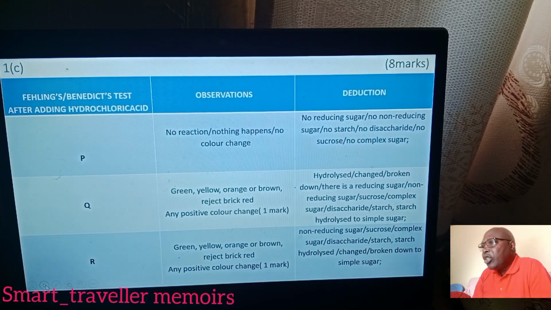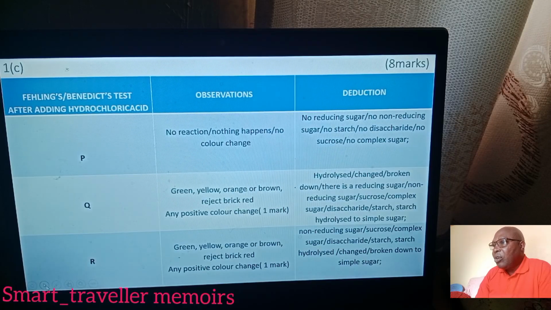So here the deduction is hydrolyzed or broken down, or there is a reducing sugar, or you say non-reducing sugar or sucrose or complex sugar or disaccharide or starch hydrolyzed to simple sugar.